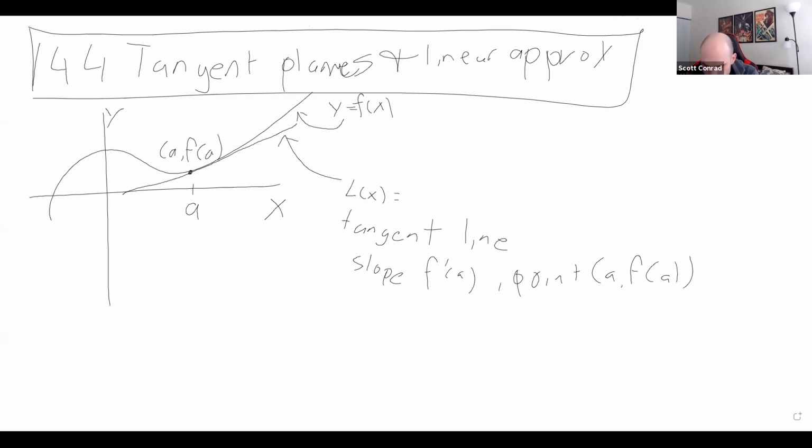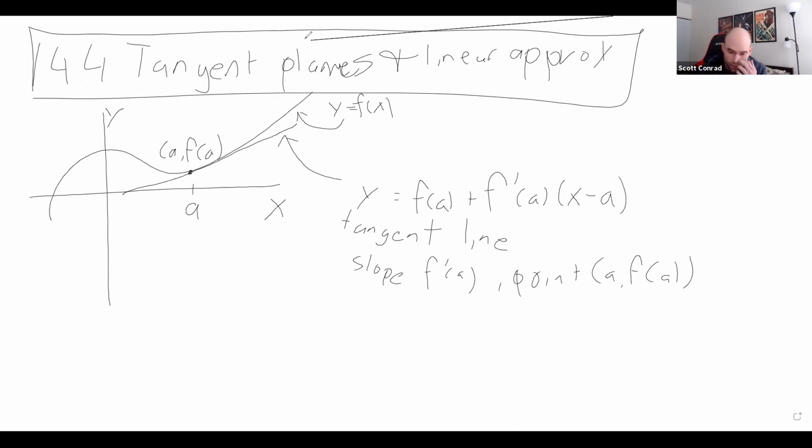So we can use point slope form. This is the line y equals f of a plus the slope f prime of a times x minus a. That's the equation of the tangent line.